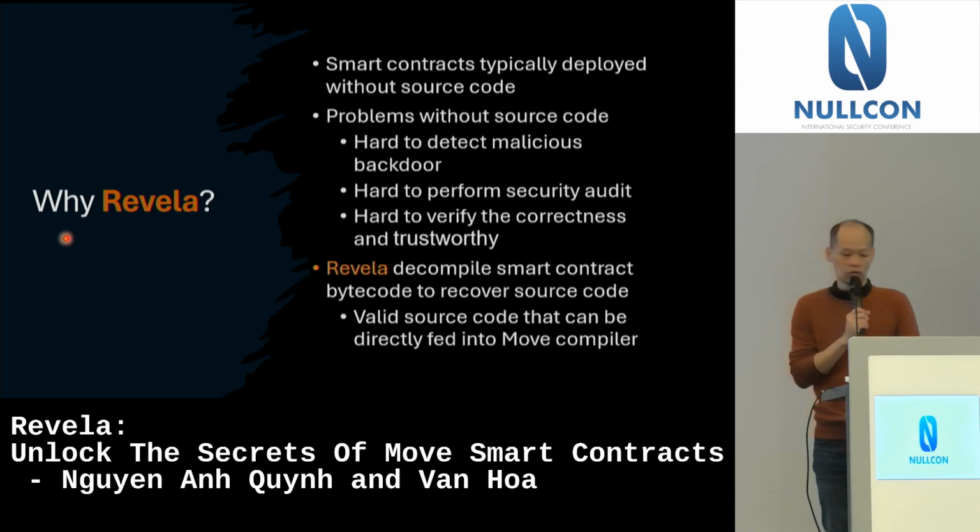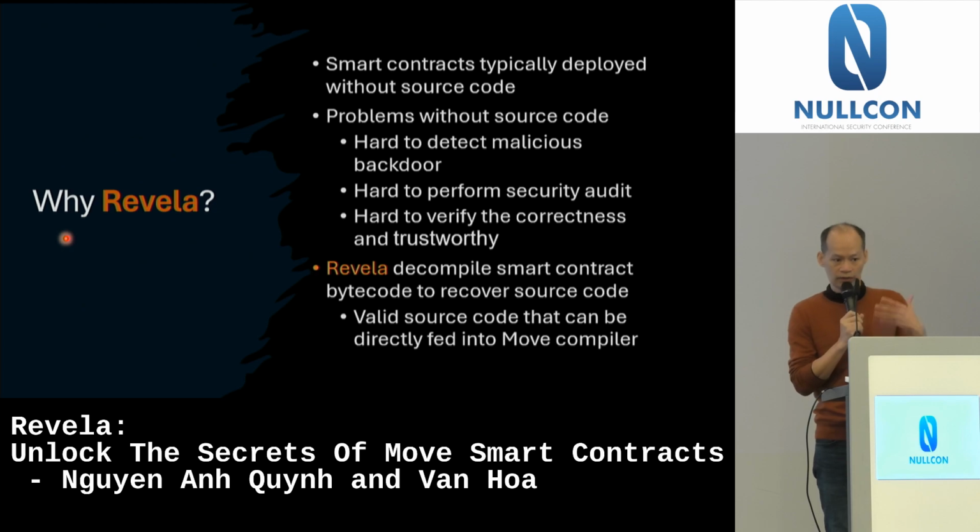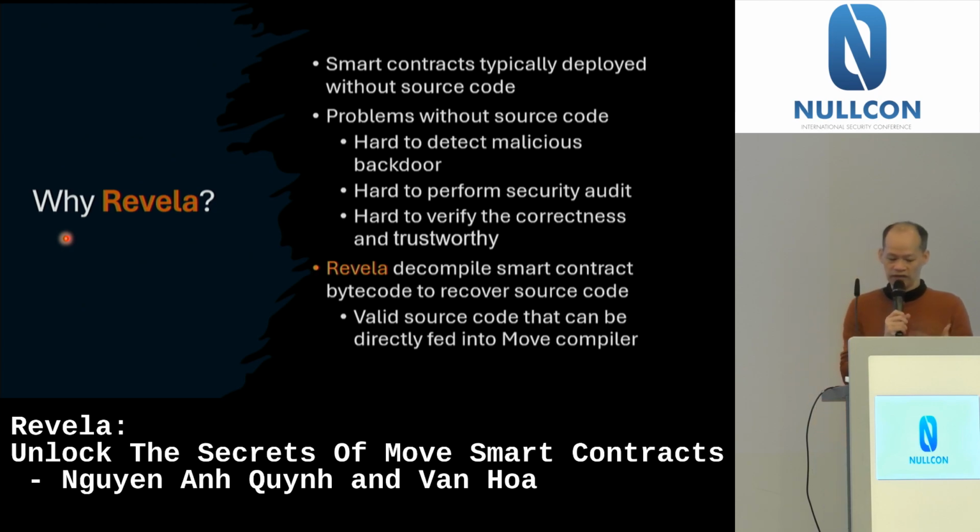So that's why we built Revela. Revela can be used to decompile the smart contract bytecode, so we can recover source code which is very close to the original source code. What makes Revela special is that the output of Revela is valid source code. After that, we can take this source code and feed it directly into the Move compiler.